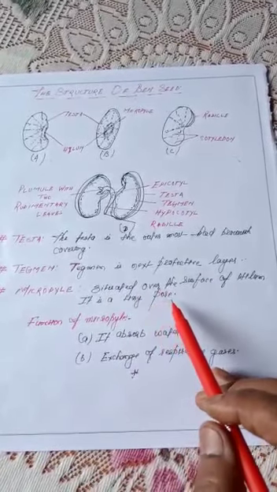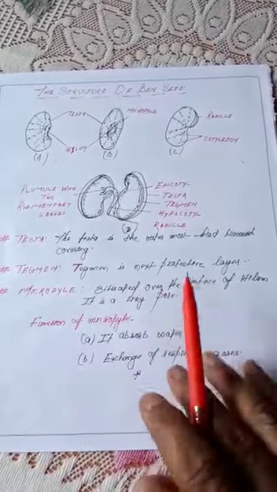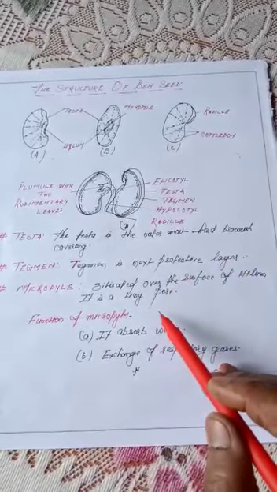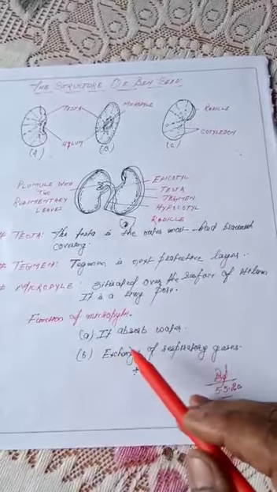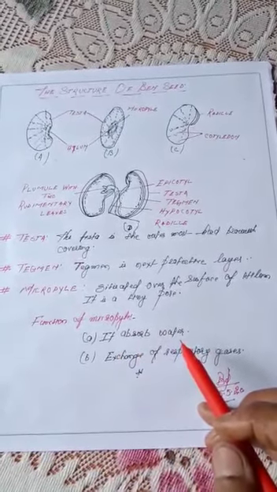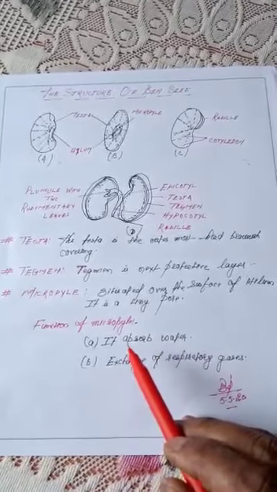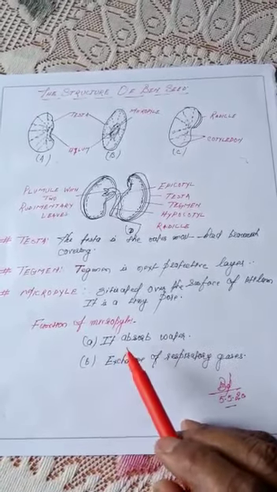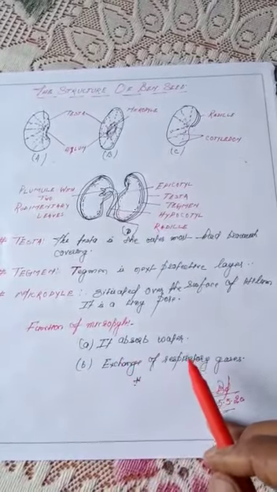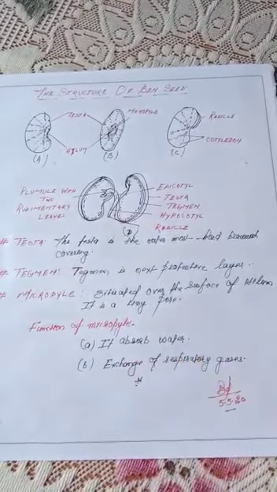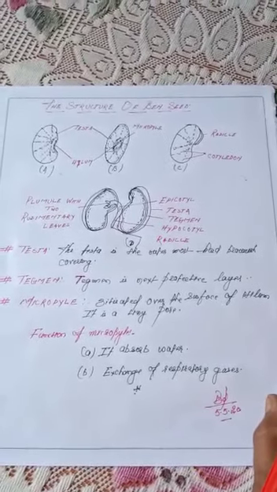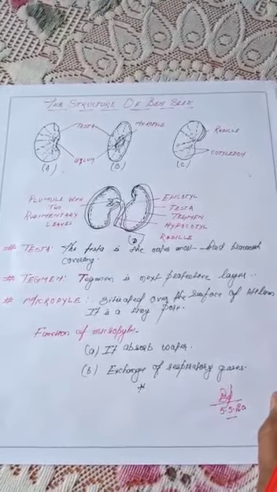Now the question arises, what is the function of the micropyle? Micropyle serves a very important function during the germination of the seed. If you consider the function, the micropyle absorbs water, and secondly it is responsible for the exchange of gases. So my dear students, today we have seen the structure of the bean seed.